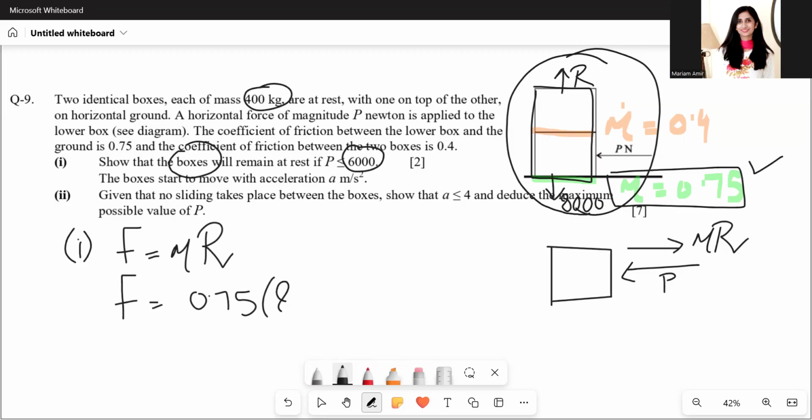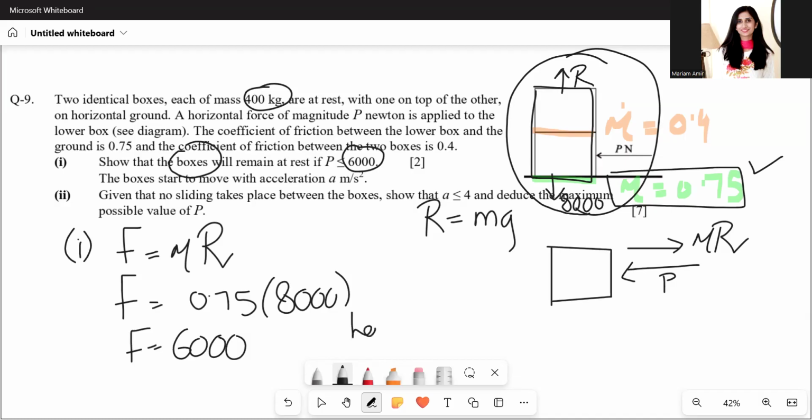So this would be 8,000 R. R and weight are equal in this setup because the upward force is equal to the downward force. This gives friction equal to 6,000. So you write, hence, if P is less than or equal to the maximum value the friction can take, the object will stay at rest.